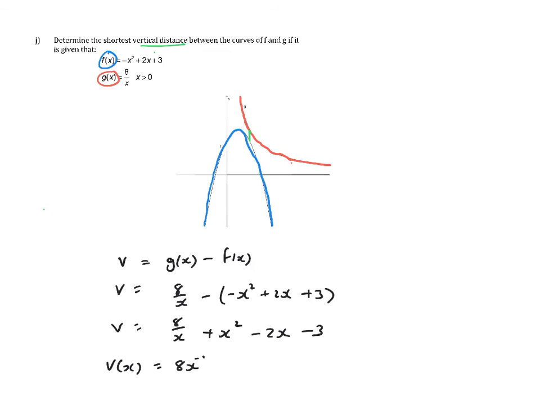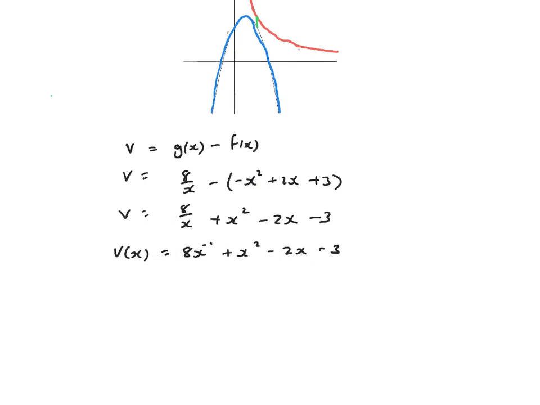Let's write this as 8x to the power of minus 1 for now, because we're going to find the derivative. So the derivative of v of x is minus 8x to the power of minus 2 plus 2x minus 2, and then that is equal to 0.